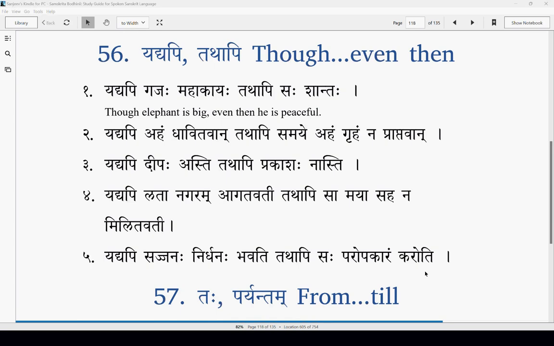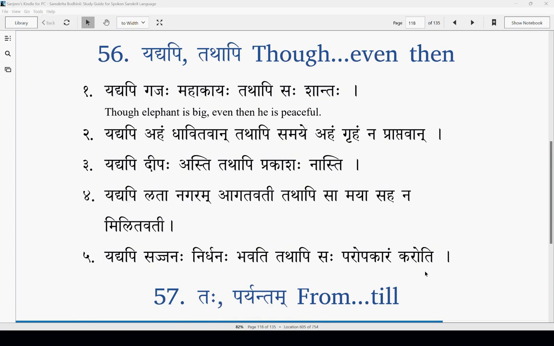The last one, यद्यपि सज्जनं निर्धनं भवति तथापि सः परोपकारं करोति. Sajjanah. So even though the good person doesn't have money, still she helps others. यद्यपि सज्जनः निर्धनः भवति.